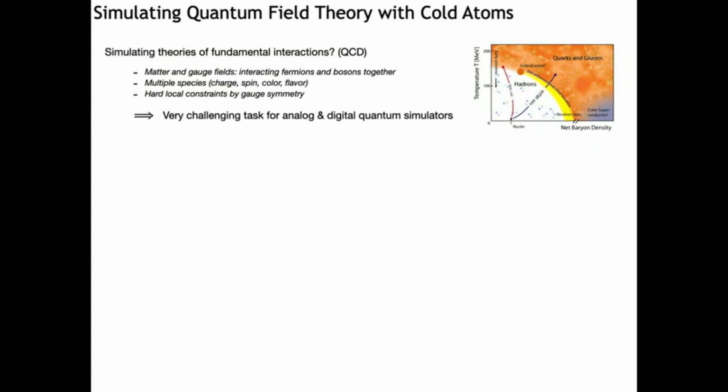They are also interacting in a particular way that has a certain symmetry, so-called gauge symmetry, that is a local constraint on this kind of interactions. Now, we also have multiple species, so we have charge, spin, color, flavor, and so on, right? And as I said, you have these hard local constraints. So basically, your atoms or photons or electrons that you would like to control have no idea that you would like such a complicated thing. These things are completely unknown to them somehow, right?